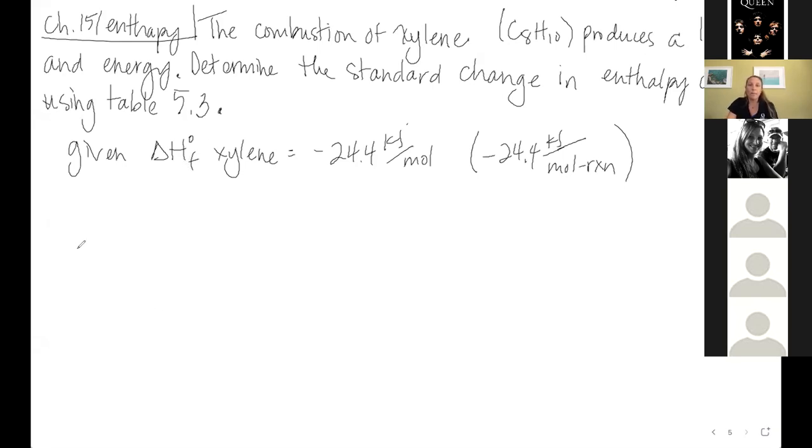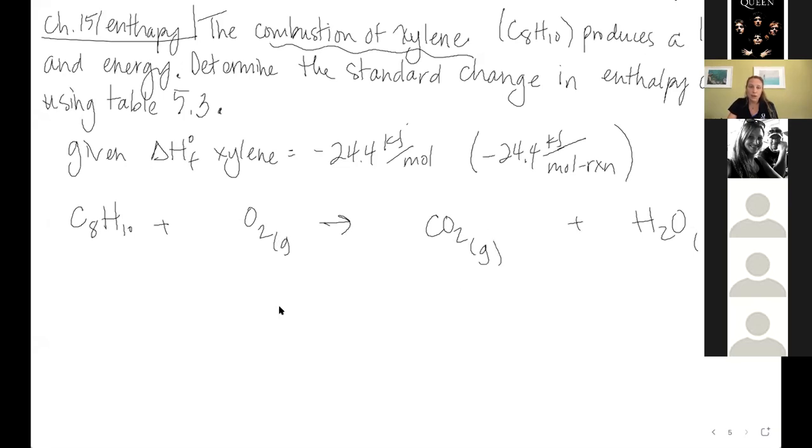We know that the combustion of xylene, C8H10, is going to interact with oxygen, because that's the definition of combustion, to produce carbon dioxide and water. Water is going to be a liquid, carbon dioxide will be a gas, oxygen will be a gas, and xylene is a liquid. I would probably give you that in the problem statement as a liquid.